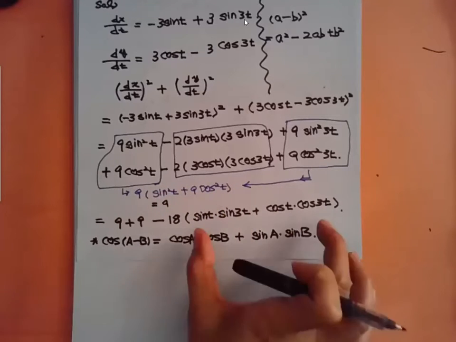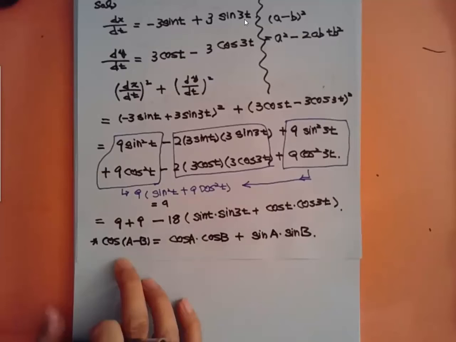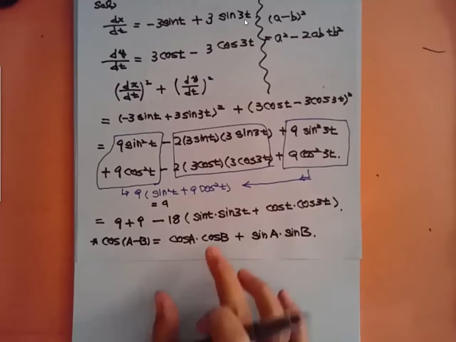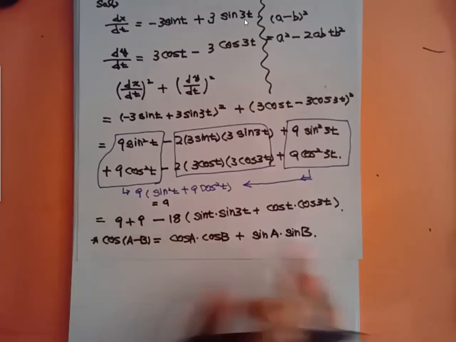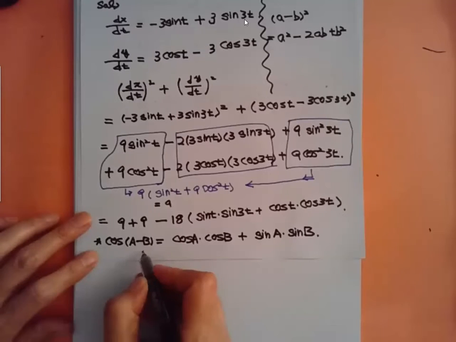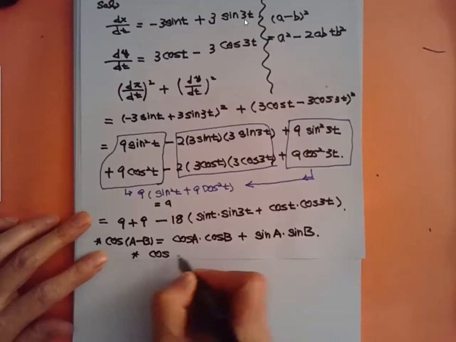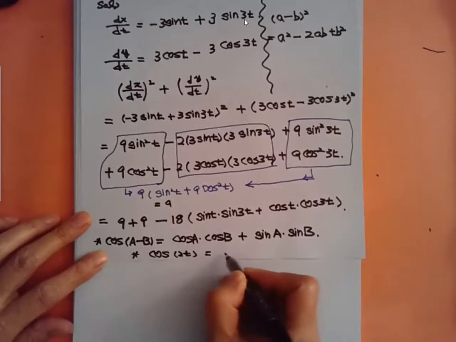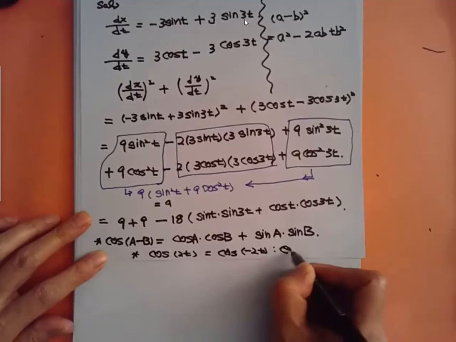We are thinking about the difference between the two. And cosine is an even function. It doesn't matter whether you do t minus 3t or 3t minus t. Both can be written as 2t because cosine of 2t is cosine of negative 2t, because of the even function property.